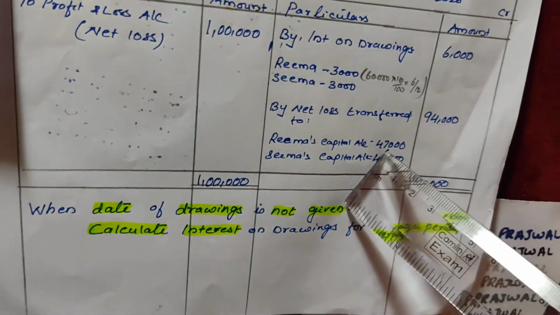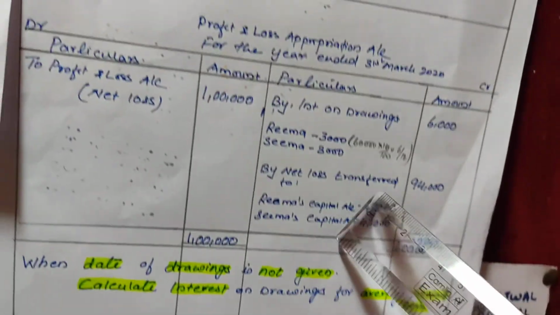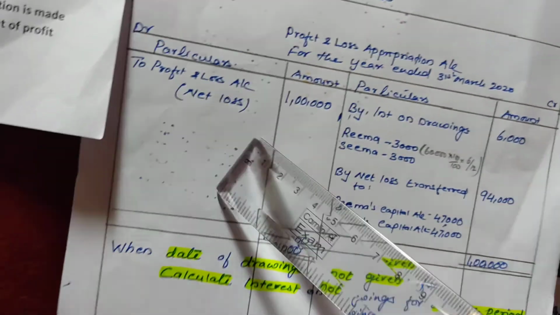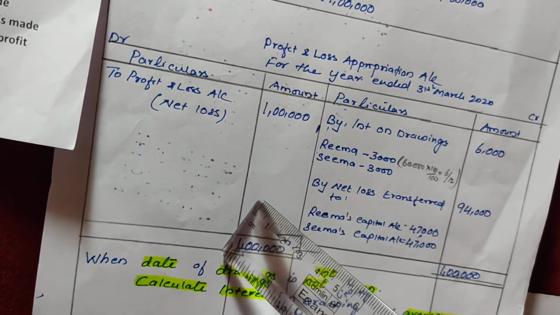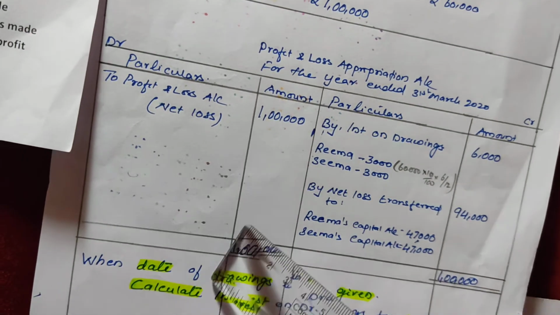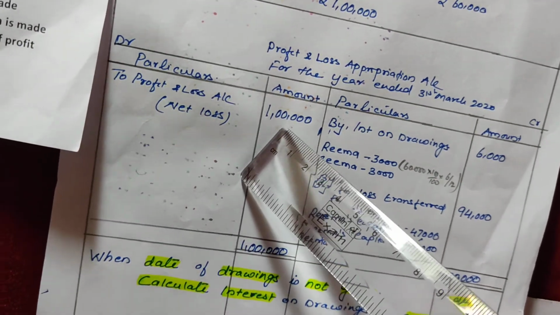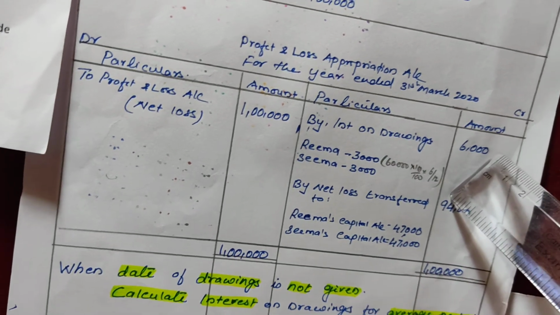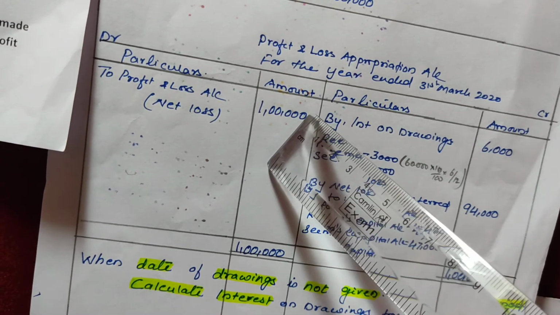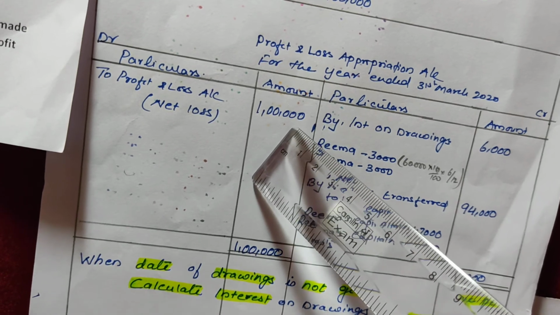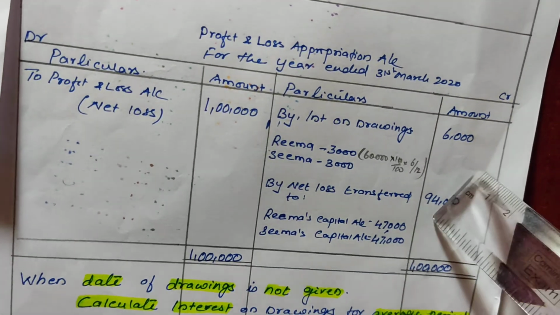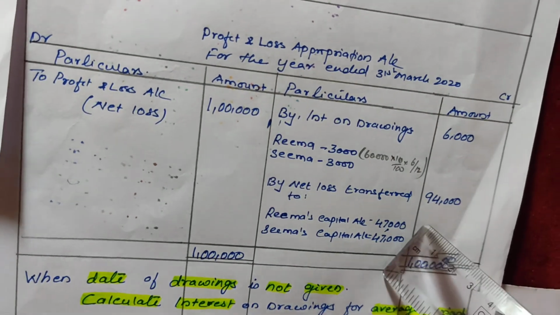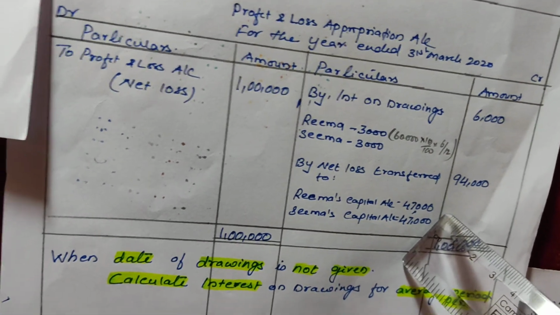Okay, so let's revise here. When the firm is incurring the losses, no interest on capital, salary, commission or reserve will be given. Loss will be transferred in the debit side. If interest on drawings is given, that will be written in the credit side. Then it will be reduced by the net loss, and the balance loss will be divided among the partners in the profit sharing ratio.